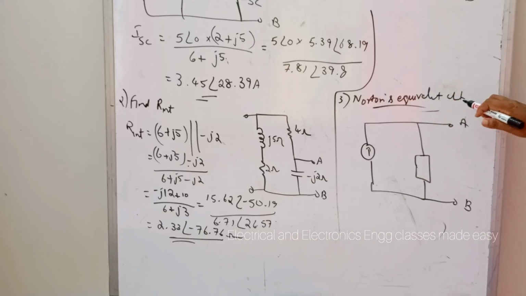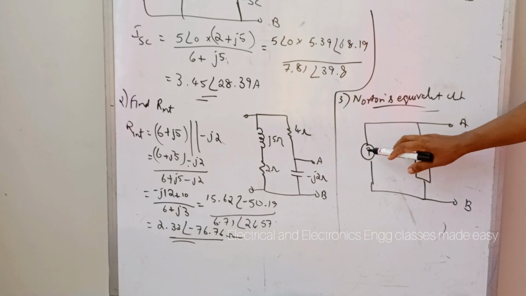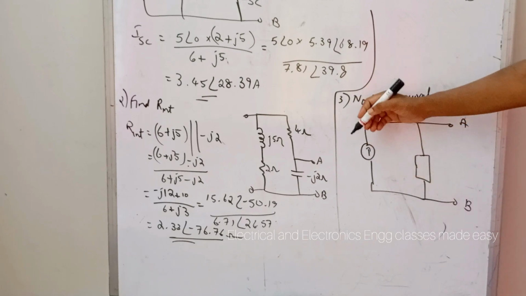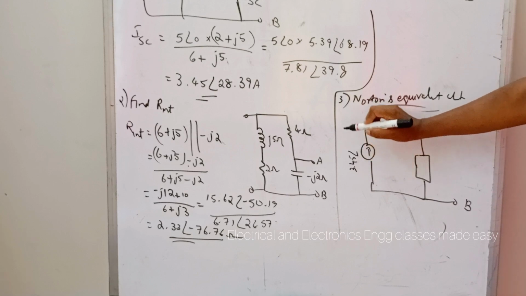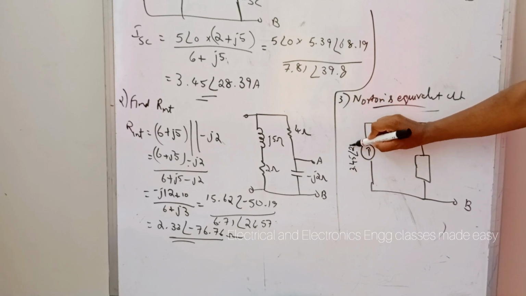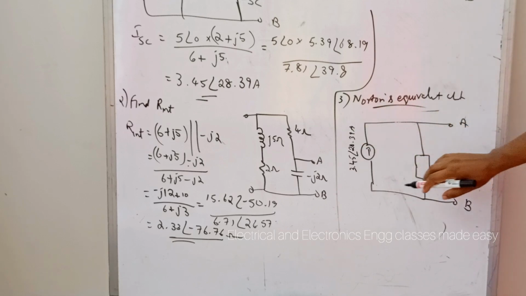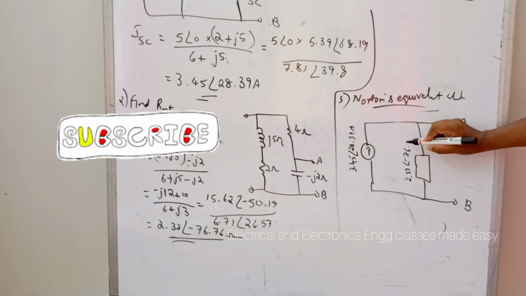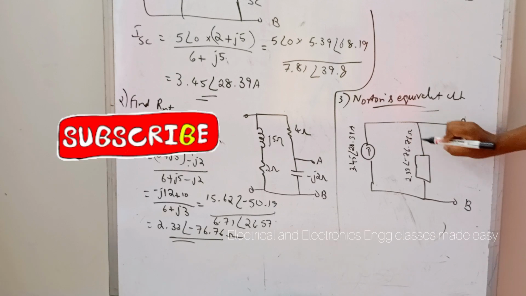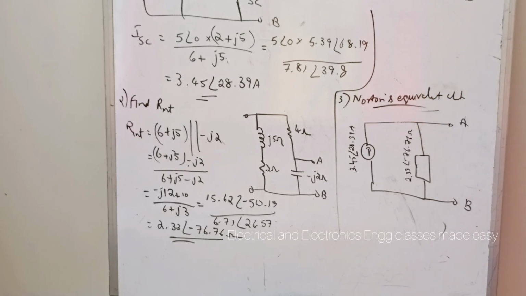Now Norton's equivalent circuit diagram is drawn with ISC, that is 3.45 angle 28.39 ampere, in parallel with R internal, that is 2.33 angle minus 76.76 ohm. So this is the Norton's equivalent circuit.